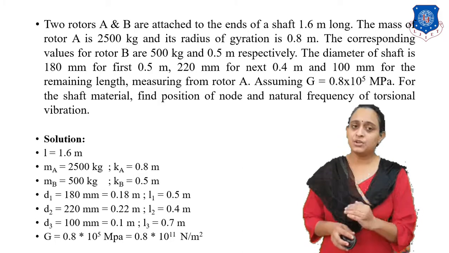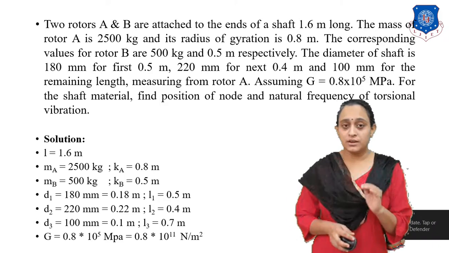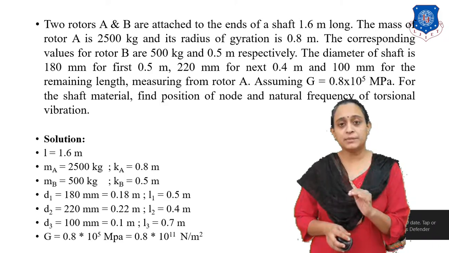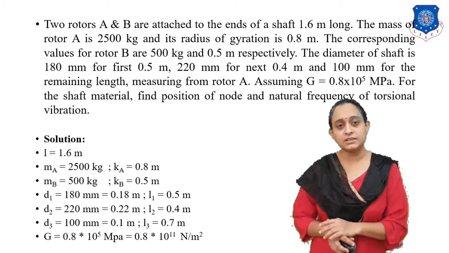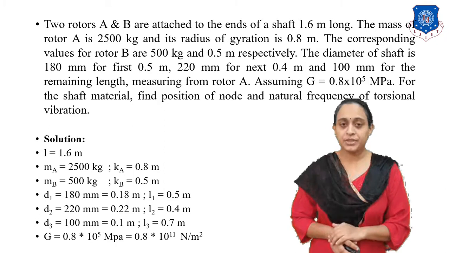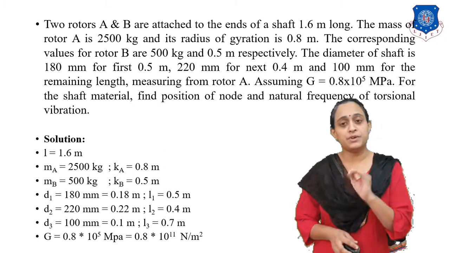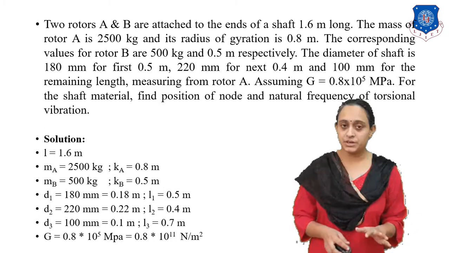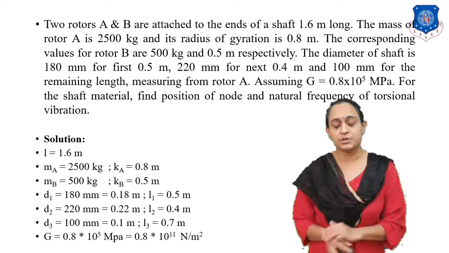Now, diameter of the shaft is 180 mm for the first 0.5 meter, 220 mm for the next 0.4 meter and 100 mm for the remaining length measuring from rotor A. Now, assuming modulus of rigidity is 0.8 into 10 raised to 5 megapascal for the shaft material, find position of node and natural frequency of torsional vibration.